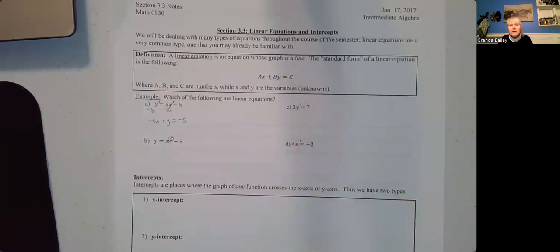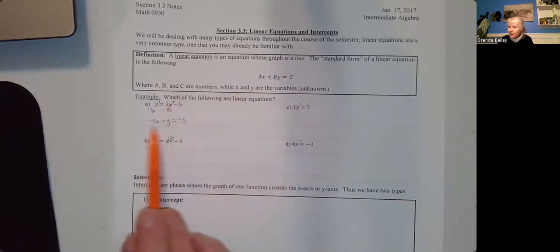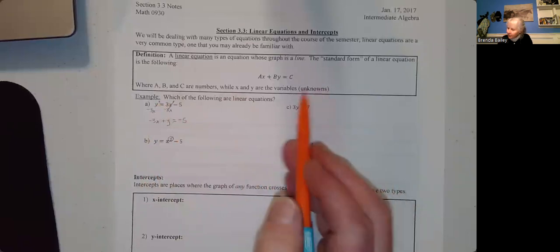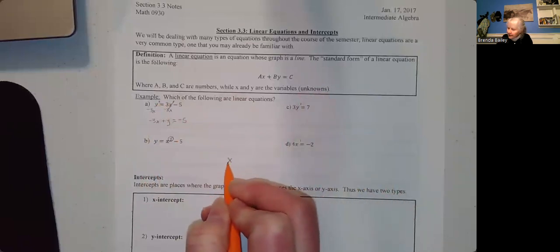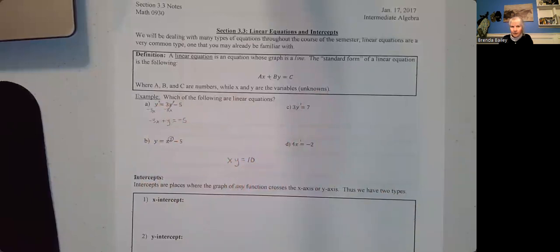So both of these are linear, and they form special equations, which we'll look at extensively later on in this section. So again, they have to be to the first power, okay? And they have to be able to be added or subtracted, or you can be missing a variable, and it will still be linear. As I stated earlier, X times Y equals some number, okay?